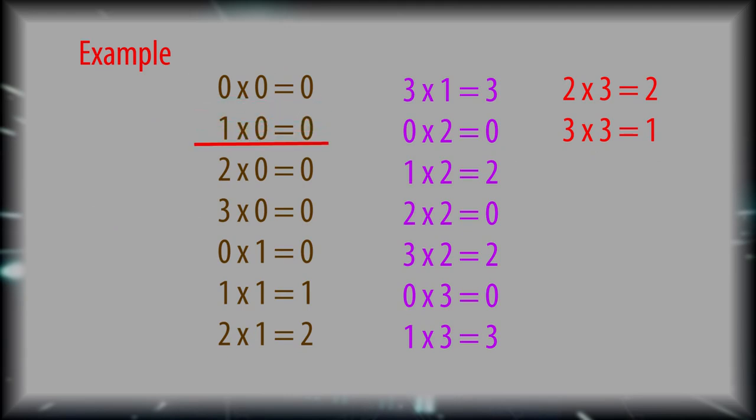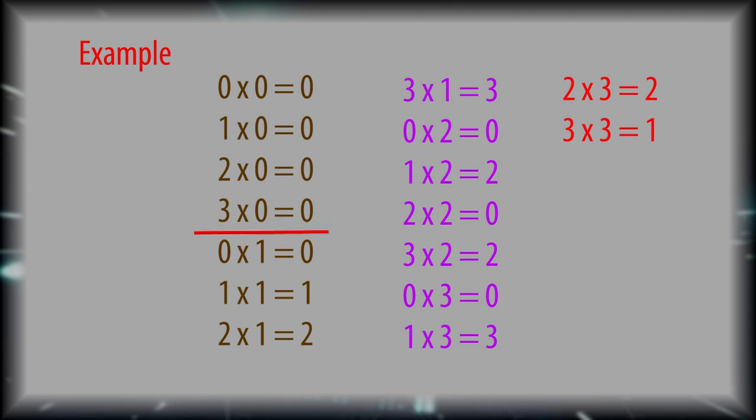1 times 0 is 0, 2 times 0 is 0, and 3 times 0 is 0. Now, all these zeros are going in the first row of our table, just below the remainders.